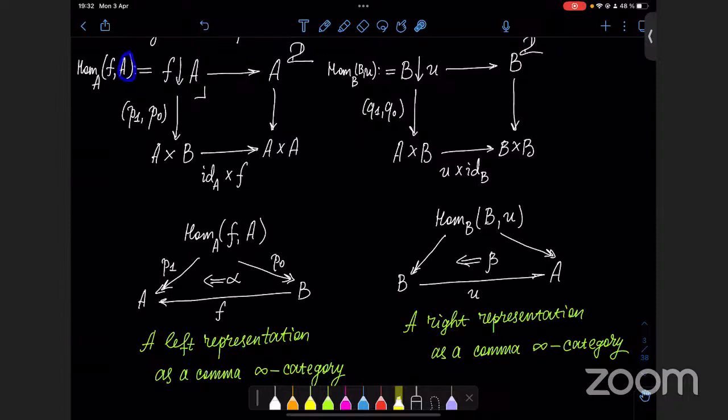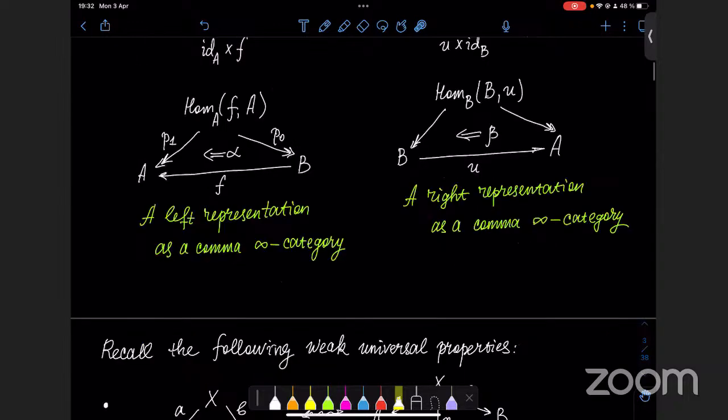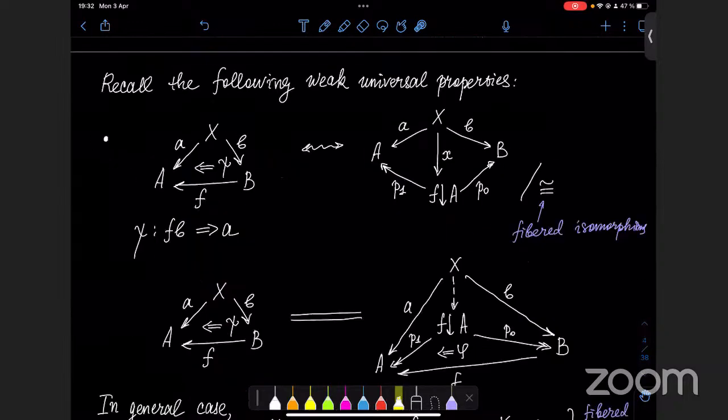This map will be called the representative object.